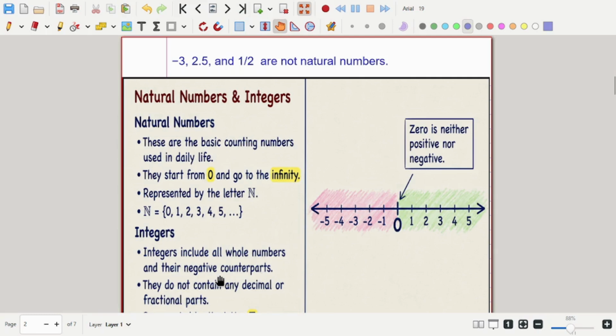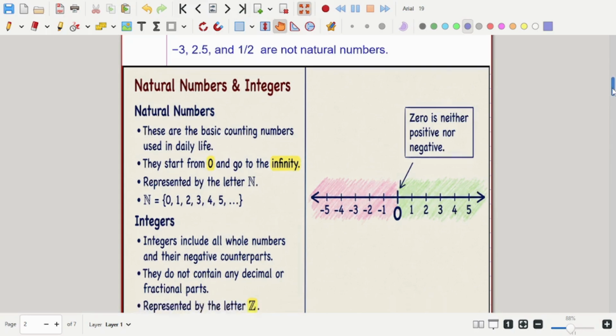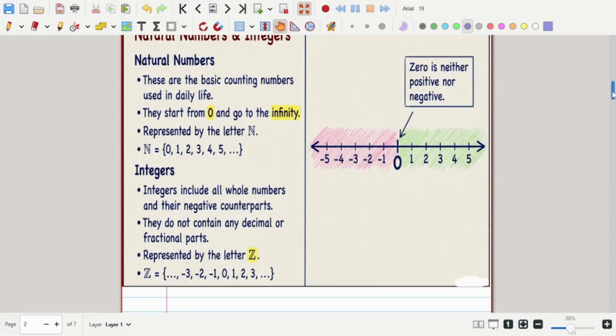They are all considered integers. They do not contain any decimal points or fractional parts, and integers are represented by the letter Z. So Z is the set of negative infinity, -3, -2, -1, 0, 1, 2, 3, till positive infinity.